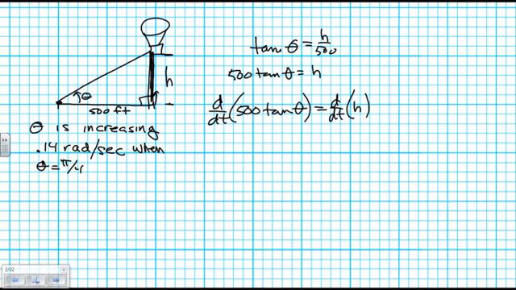Okay, here we go. What is the derivative of 500 tan theta with respect to time? 500, because it's just a constant, secant squared theta, because it's an outside function derivative, keep the inside the same, and then what's the derivative of the inside function theta? d theta dt.